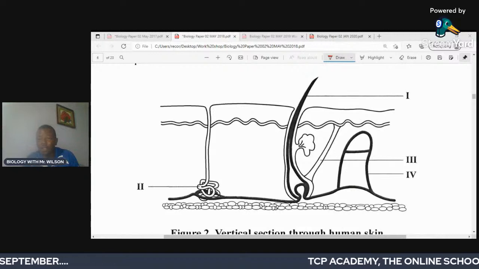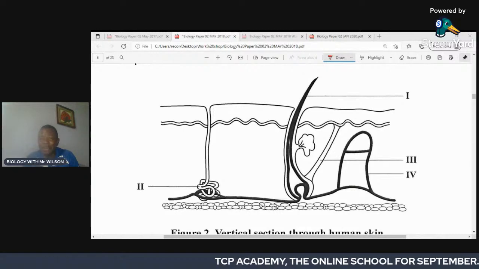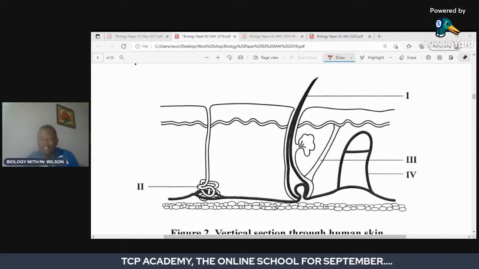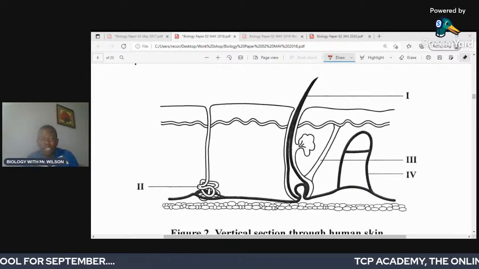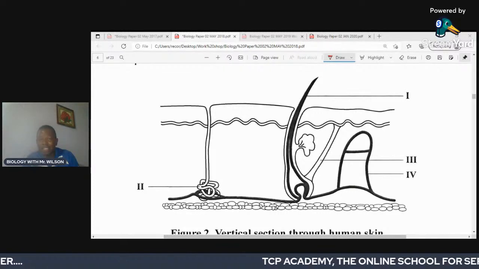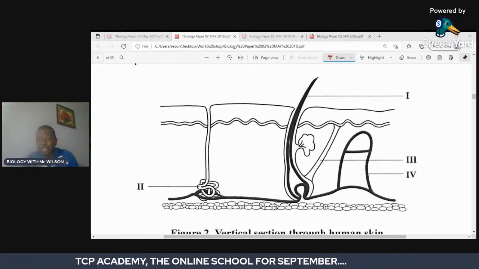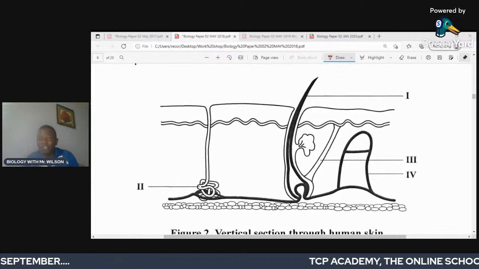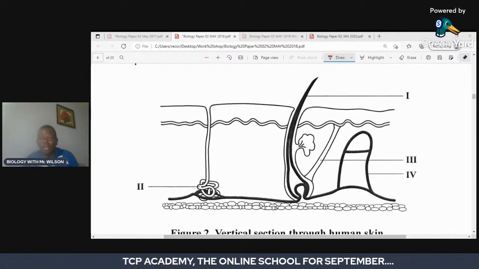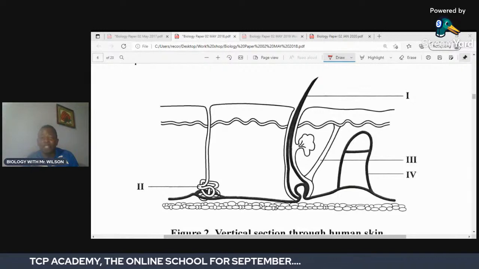All right, so 4 is the capillary, I believe. And 2 is the sweat gland. Interesting. 3 is the hair erector muscle. So let me just pop on some things on screen so that we can get some answers. I'm just randomly going to pull somebody. I want to pull a wrong answer first.